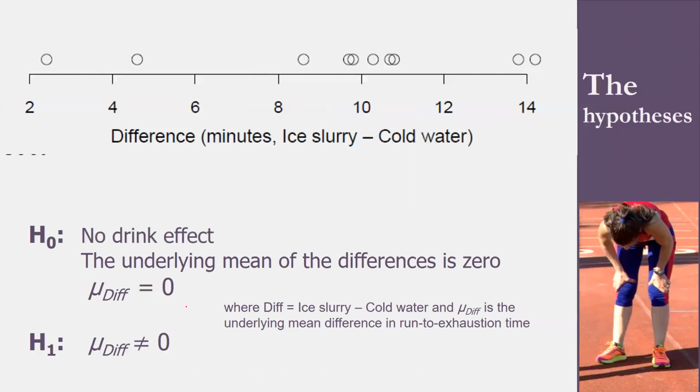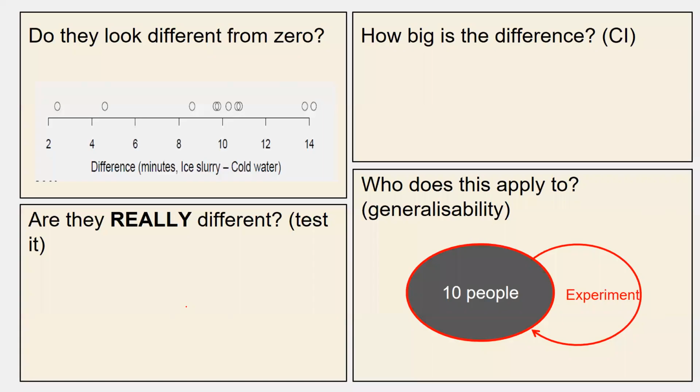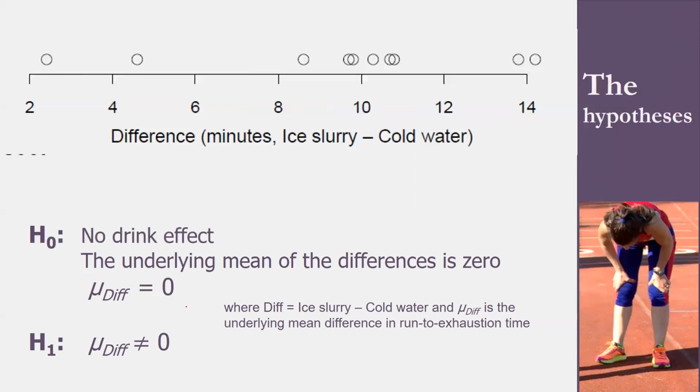Our alternative, we've gone two-sided here, so just that it's not 0. Is there an argument for a one-sided hypothesis here, that it could just go greater than 0? Oh, yes, there probably is.